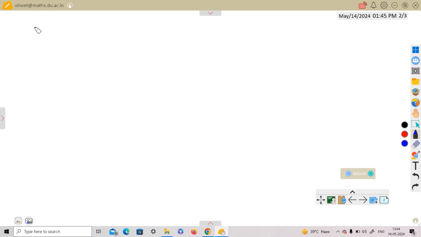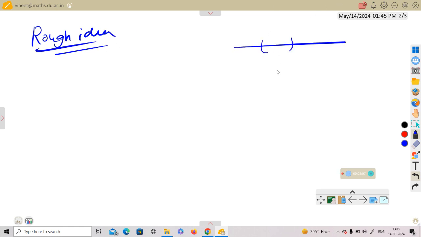Okay, now I will give you a rough idea. This is the real line and let this be a set A. Then let us assume that it has an element, say x.